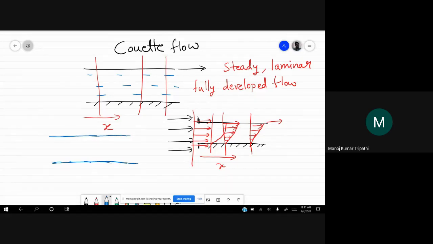So the top plate is applying some force on the top layer. And in which direction is that force acting? It is in the positive x direction. And in turn, the top layer is applying some force on the top plate, as well as on the bottom layer.